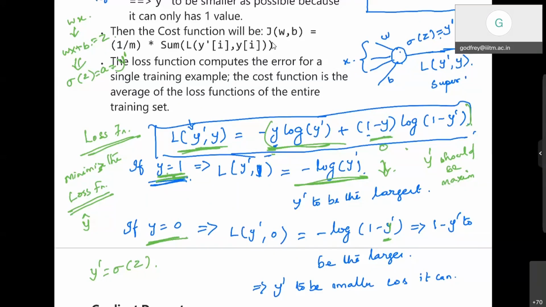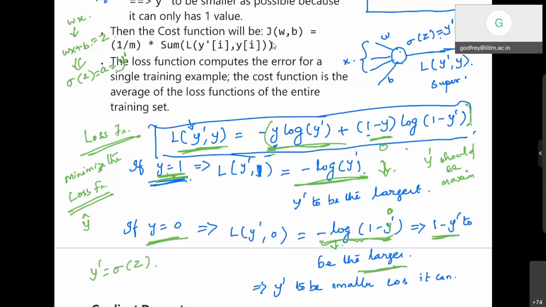If y dash is maximum, then this value will not be that much minimum. But when y dash is minimum, say for instance y dash is 0, then this entire thing becomes more minimum. In order to make this entire thing minimum, y dash should be smaller, by which 1 minus y dash will be larger.